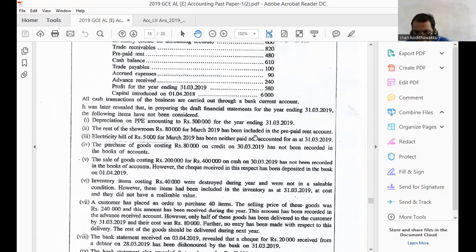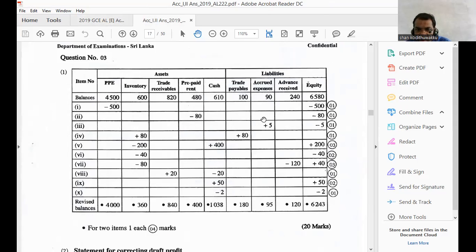And also, as they haven't paid yet, we can put it under accrued expenses 5. That is plus. Both will be under liability. Here, as they haven't yet paid, plus 5 under accrued expenses.